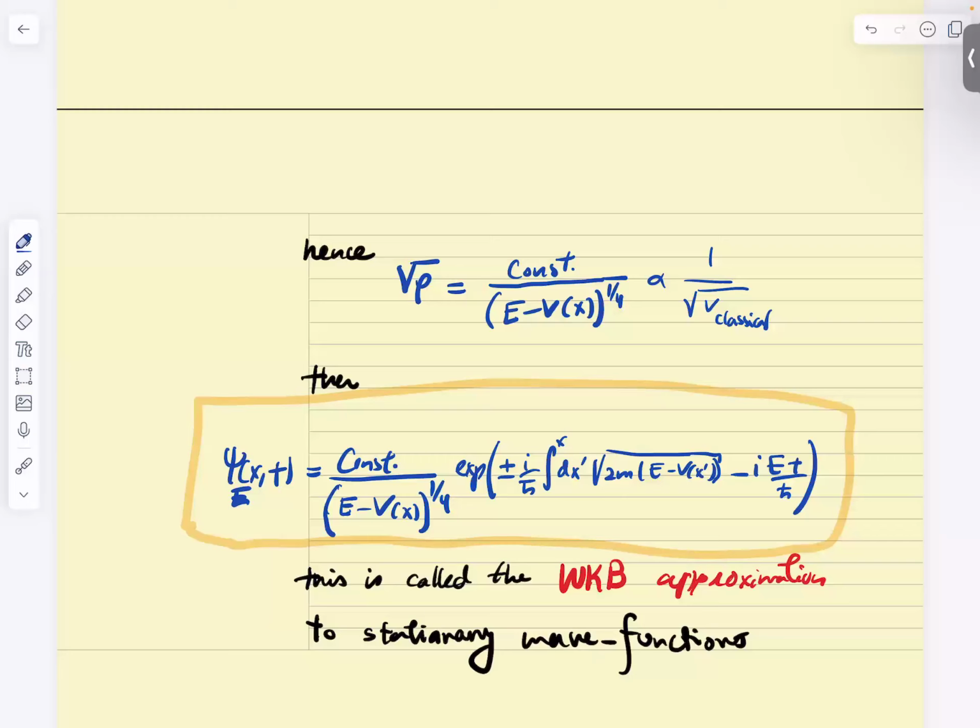We did not. What I did was I wrote this equation. This is an eigenvalue problem.